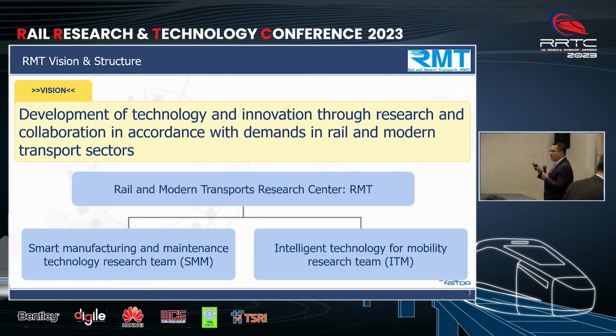We have a mission and vision: we want to develop technology and innovation through research and collaboration with the transport sector to serve the demand in rail and modern transport. And as RMT, we have two main teams, which are the Smart Manufacturing and Maintenance Technology Research Team, SMM, and the Intelligent Technology for Mobility Research Team.